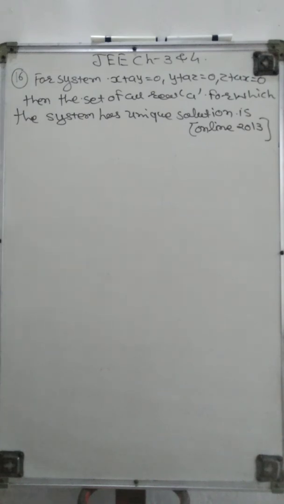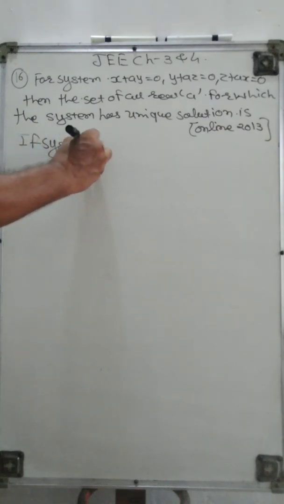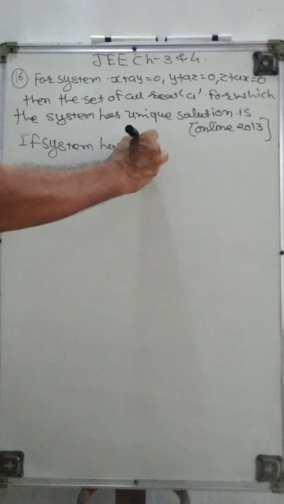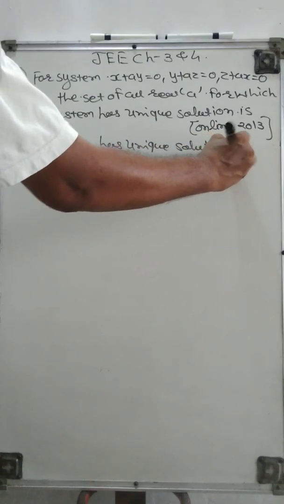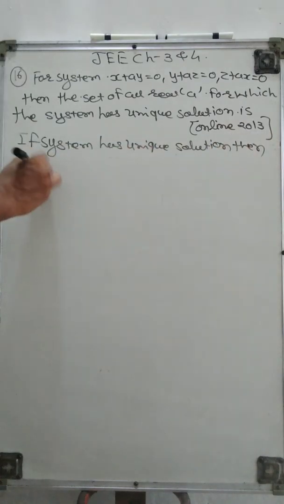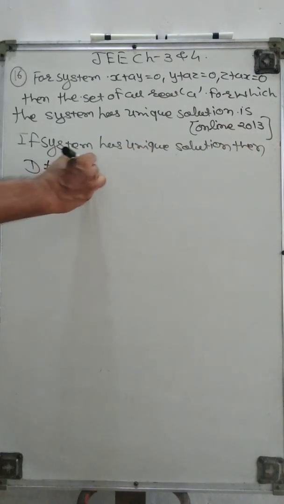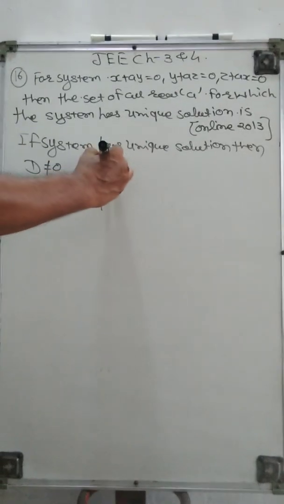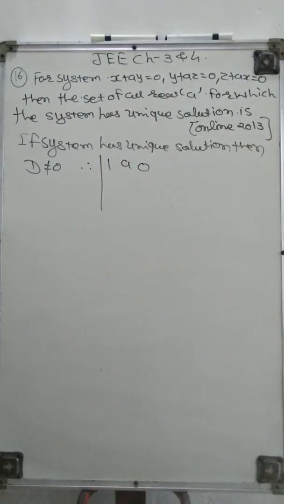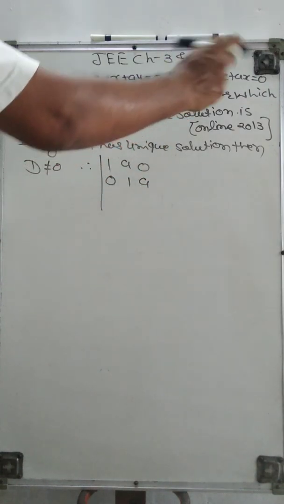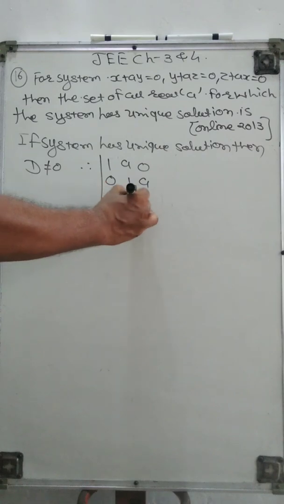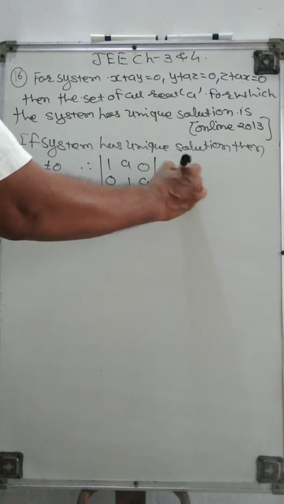So if the system has a unique solution, then the determinant D is non-zero. So the determinant 1, a, 0; 0, 1, a; a, 0, 1 is not equal to 0.